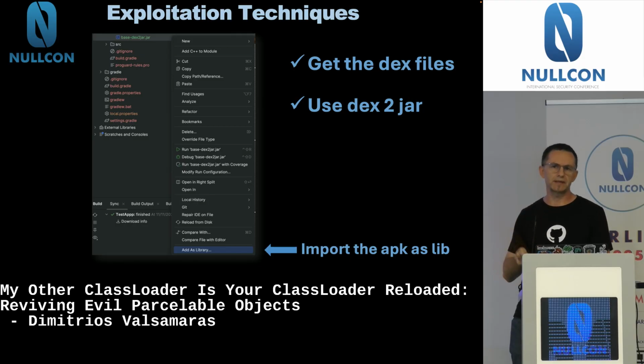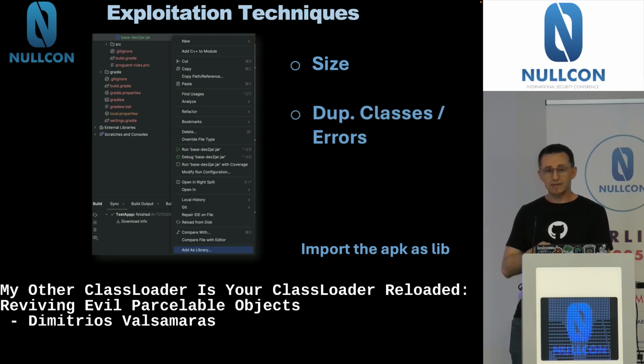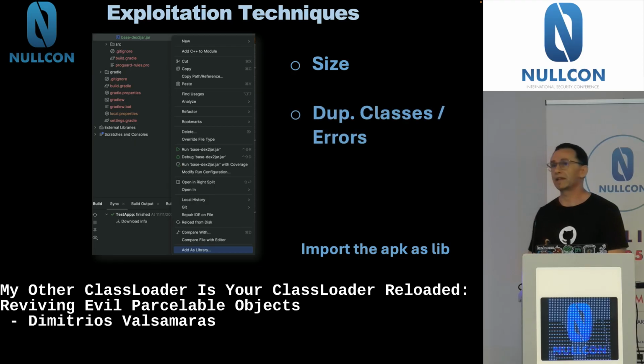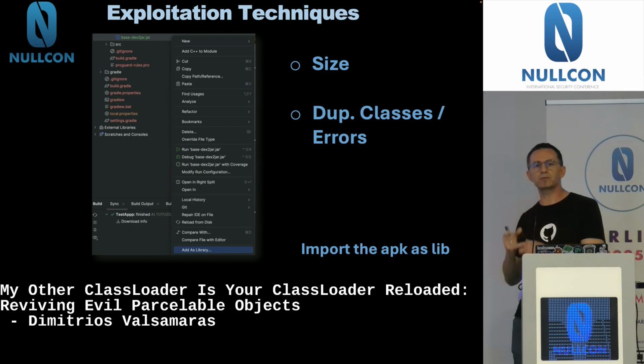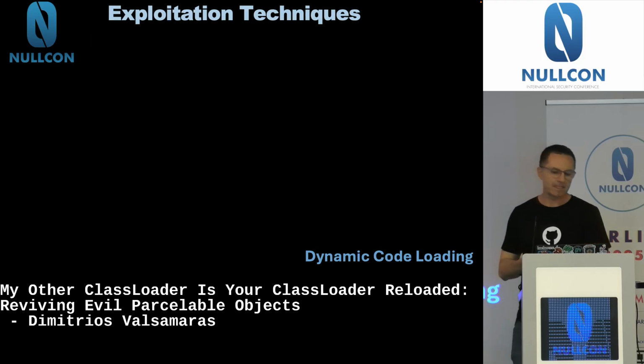However, it has two main disadvantages. Obviously, the size, since we have to include an additional APK in our app. And if we ignore that, the most discouraging issue, I would say, is the fact that we might have collisions between the classes that we are importing and the classes that we have in our project. So we have to exclude all these classes manually, which is very painful and renders this technique impractical in many cases.